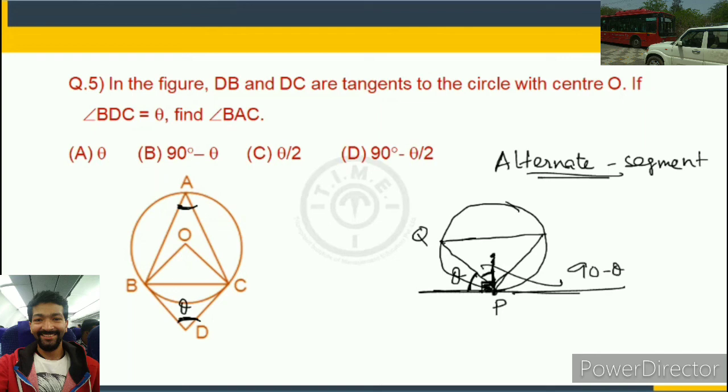Likewise, if I connect the center with the point Q, this angle would also be 90 minus theta. Why? Because these two sides are equal, radii of the circle, so the opposite angles would also be equal. Now you can easily obtain the central angle here. You subtract from 180 these two angles, 90 minus theta plus 90 minus theta. The 180 gets cancelled out, so this central angle is 2 theta.